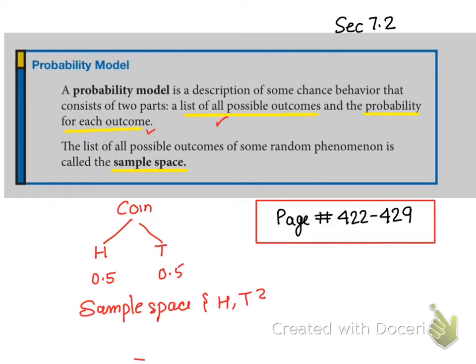So that's a very basic example. The probability model discusses all the possible outcomes and the probability for each outcome, and the sample space is the collection of all the possible outcomes. Let's move to the next part.